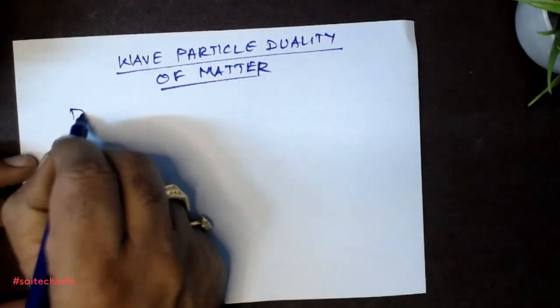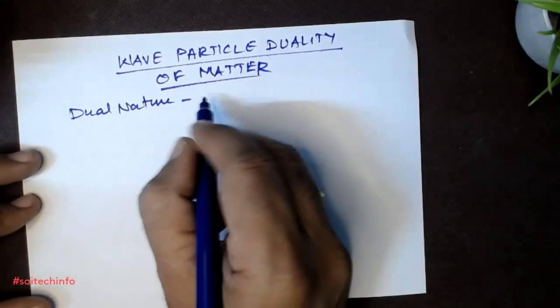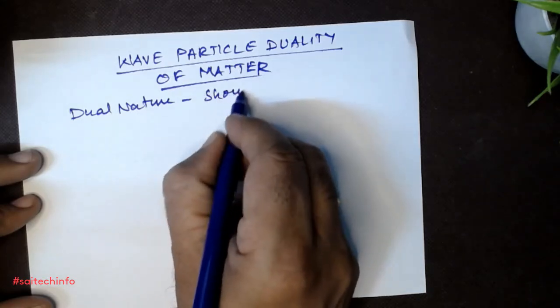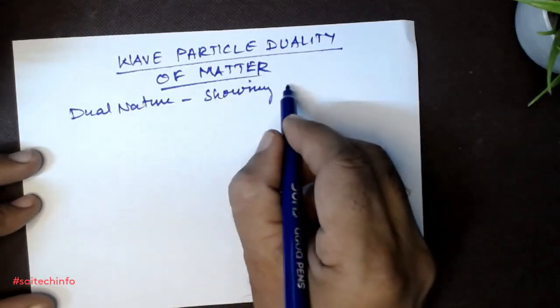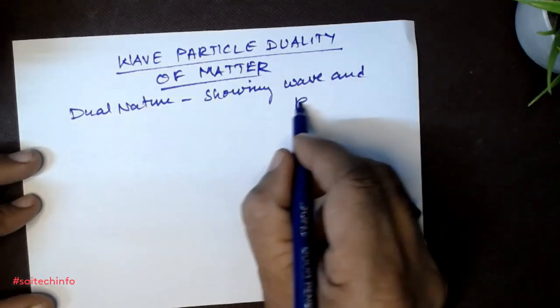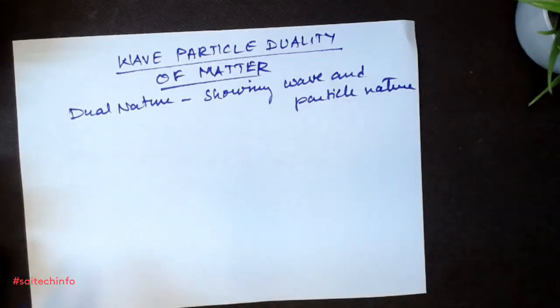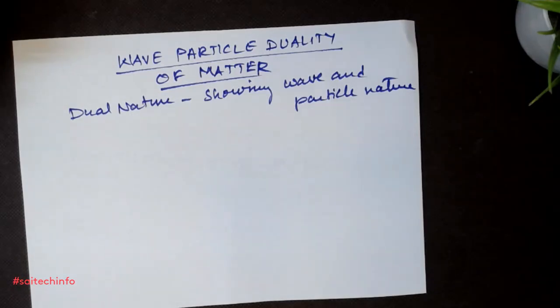So what do you mean by dual nature? Dual nature means that it is showing wave nature and particle nature. De Broglie was able to explain clearly about this dual nature.